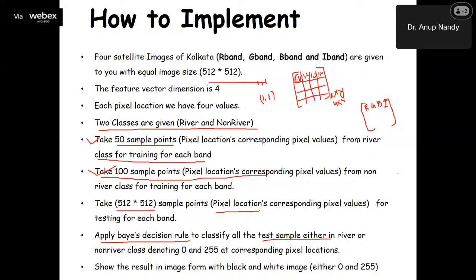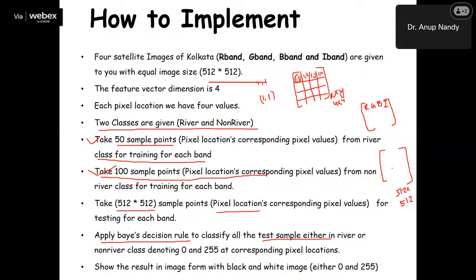The 512 into 512 image is your test sample image that you are going to choose.